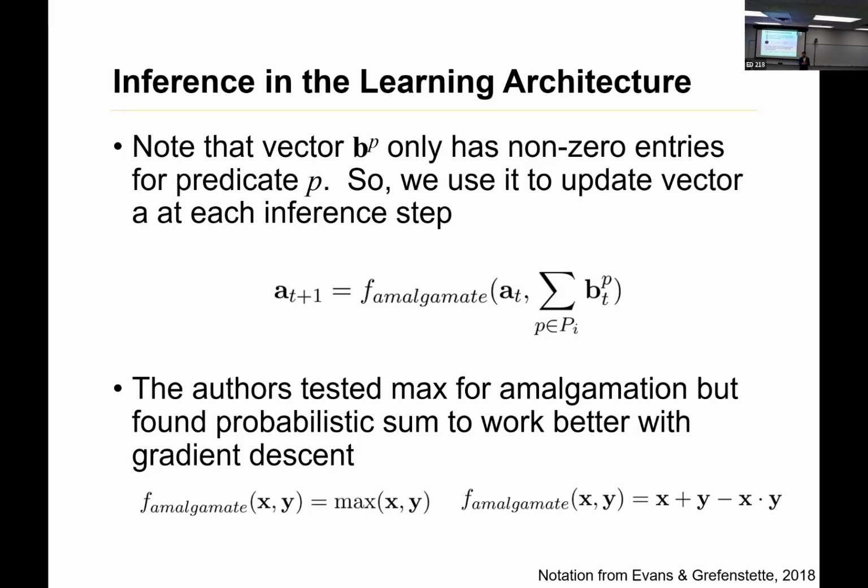So instead of having, I'll just say n, but that symbol is used for something else later, instead of having n squared, you would have n rules, and then you could take max. You would have a bunch of things here, and then you could take the max over all of them, maximum value for that position. But they said when they did their implementation, that wouldn't give good results.